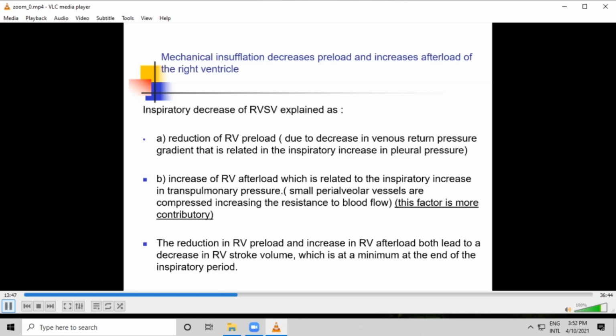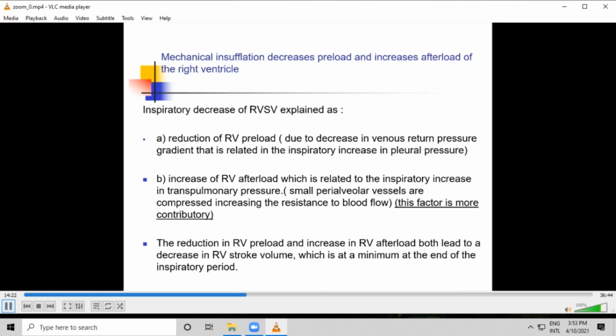So, during inspiration, when there is an increase in intrapleural pressure, that increased intrathoracic pressure is conducted to the pulmonary artery and the small peri-alveolar vessels, which are compressed, causing an increase in resistance and leading to an increase in the RV afterload. So the RV preload is reduced due to decreased venous return, and RV afterload is increased, leading to a total reduction in the RV outflow.